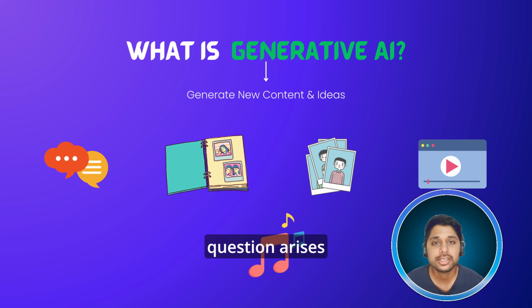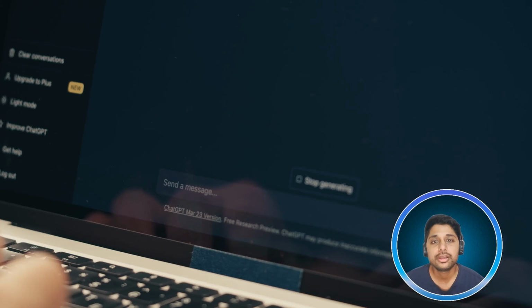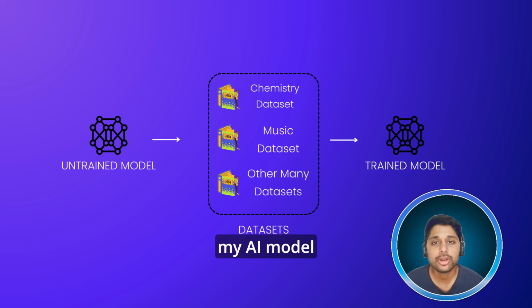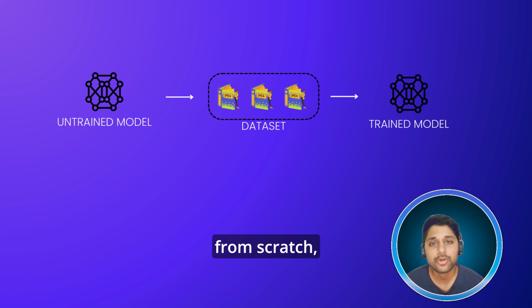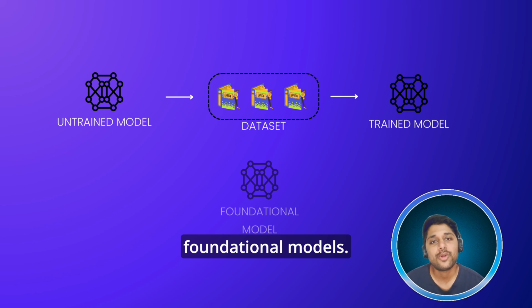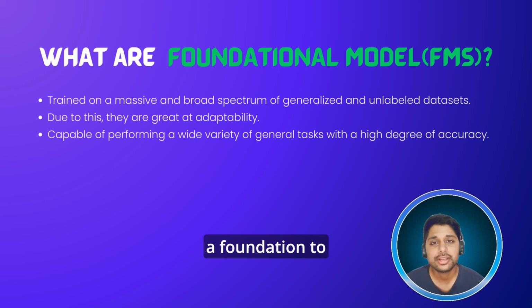Now the question arises: if I want to make an AI application like ChatGPT, which can answer almost every subject, do I need to train my AI model and teach it on each of these subjects? The answer is no. Instead of training your AI model from scratch, you can use foundational models. As the name suggests, they are used as a foundation to develop models for new applications.